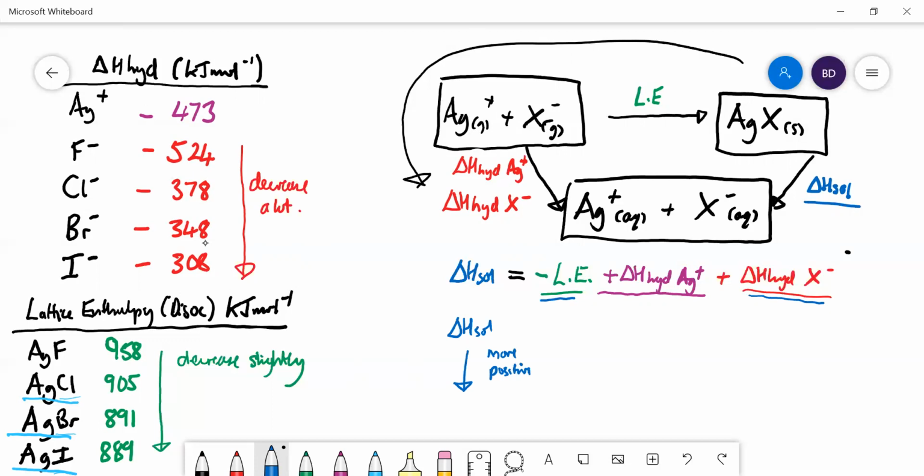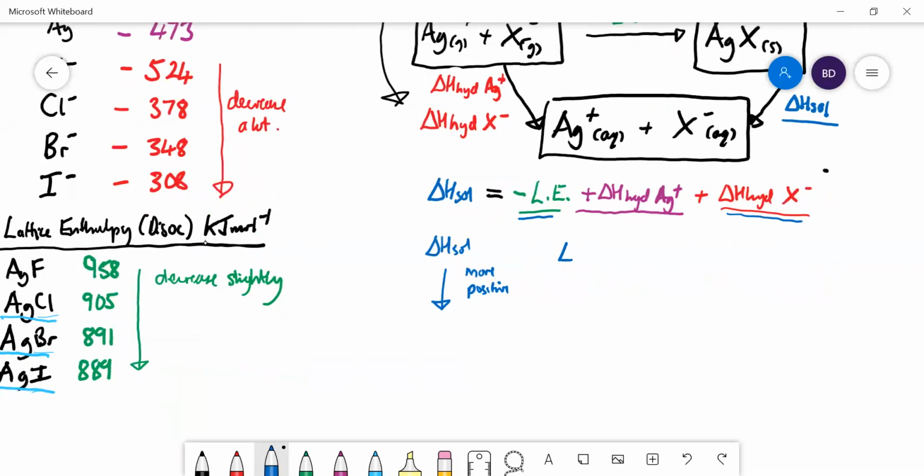I've just worked them out, you can work them out for yourself, but if you want to know what they are, delta H sol, let's just put the halide down here. So I've got AgF.